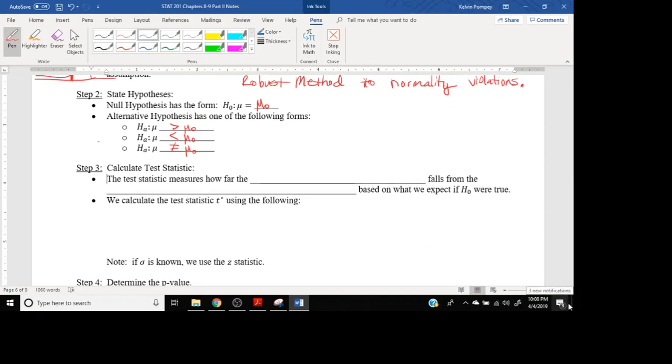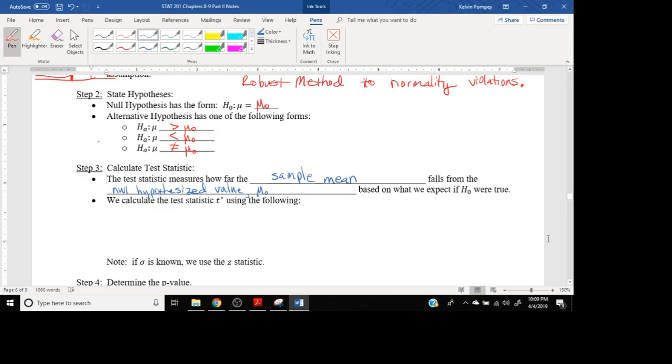Remember, the test statistic measures how far the sample statistic, and since we're dealing with the quantitative variable here, it's going to be the sample mean, falls from the null hypothesized value, which is mu sub 0 or mu naught, based on what we expect if the null hypothesis were true. Remember, this is a proof by contradiction, right? So we assume that the null hypothesis, the population parameter equals some value.